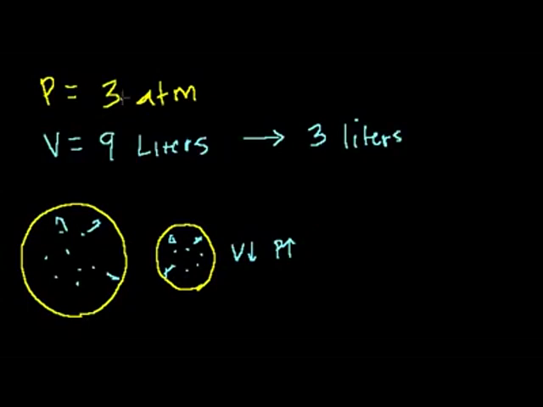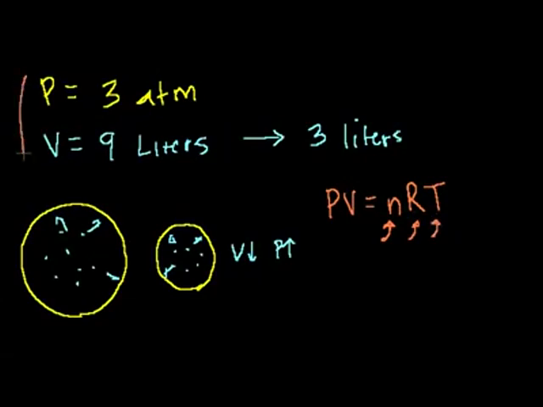So let's see if we can calculate the exact number. We can take our ideal gas equation: pressure times volume is equal to nRT. Do the number of particles change when I shrink the volume? No, I'm just shrinking the container. So n is n, R is just a constant, and the temperature doesn't change.